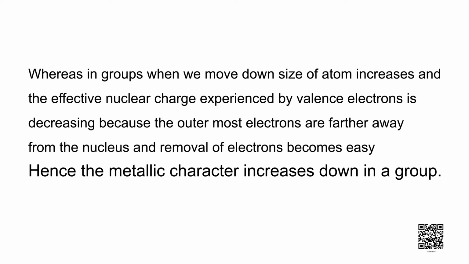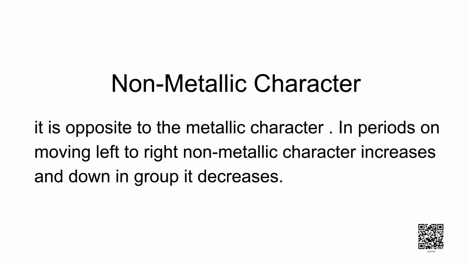Hence, the metallic character increases down a group. Now, let us discuss non-metallic character. It is opposite to the metallic character. In periods, on moving from left to right, non-metallic character increases, whereas down a group it decreases.